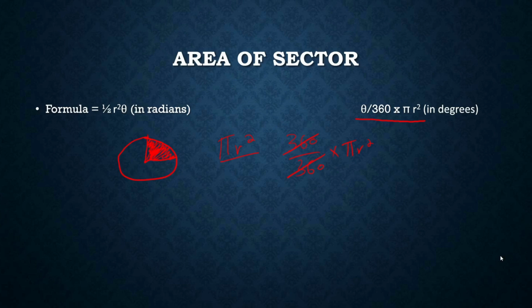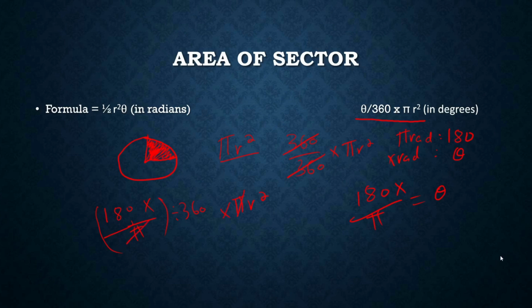Now how did I get it in radians? It's the same way as for arc length: pi rad is 180 degrees, and now I need theta, which is over here in this x rad. So 180x over pi is theta, and just inputting that, 180x over pi divided by 360 into pi r square.